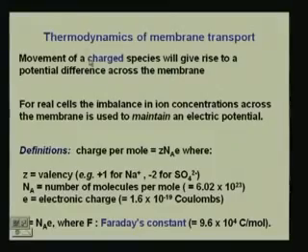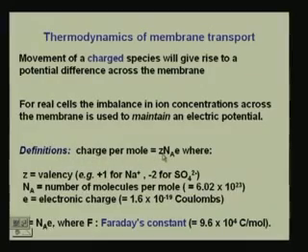Okay? So, when we have the movement of these charged species, it will give rise to a potential difference across the membrane, right? Now, due to the potential difference, there is going to be an imbalance of ion concentrations across the membrane. Okay? So, we have to have an electric potential. Now, this is just basic definitions which you all know.